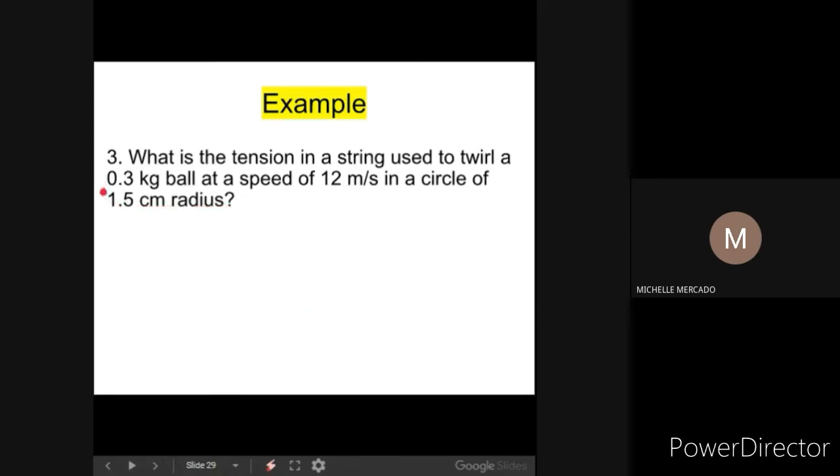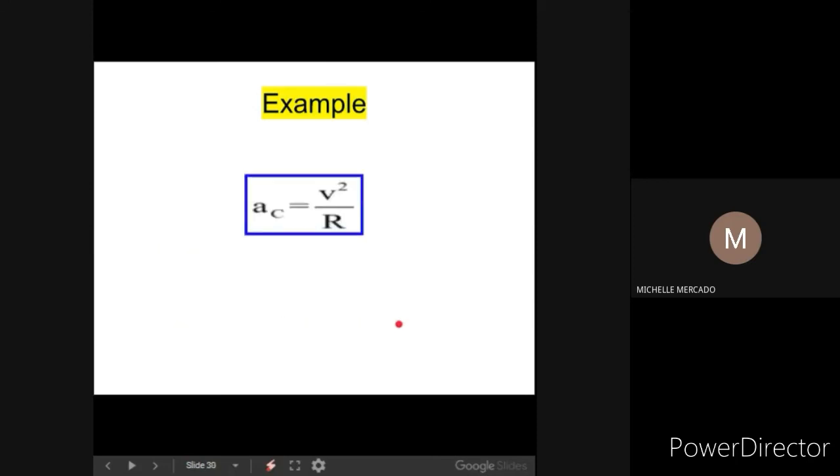So, ang given mass po natin is 0.3 kilogram. The given radius is 1.5 centimeter. Then the given velocity is 12 meter per second. Okay, we're going to find the centripetal acceleration. So, centripetal acceleration is equal to v squared divided by the given radius.